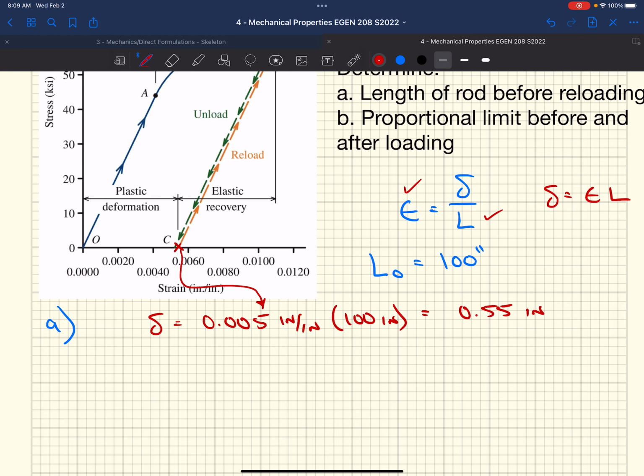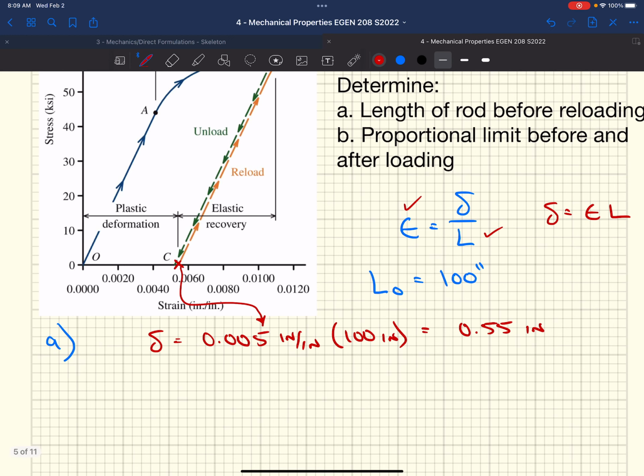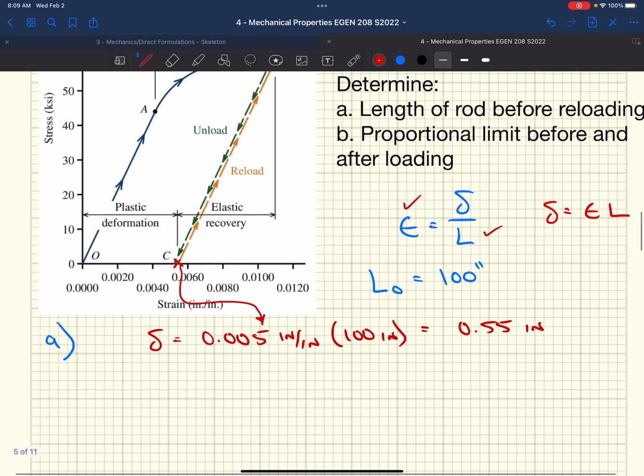Well, we know they're asking us for the length of the rod before we reload it. Well, that's the change in the length of the rod. So we merely have to add in, right, our total length equals our original length plus our change in length. So we get 100 plus 0.55.